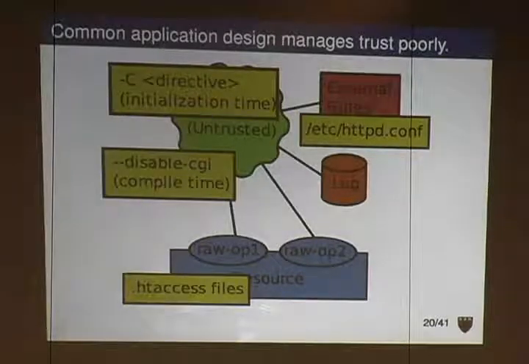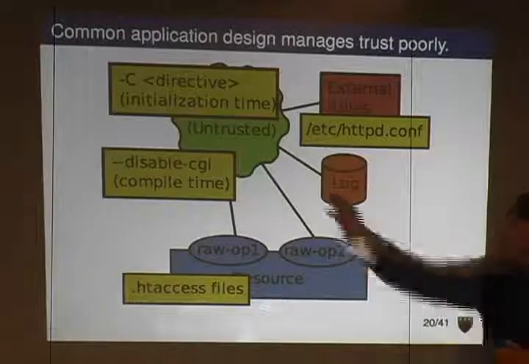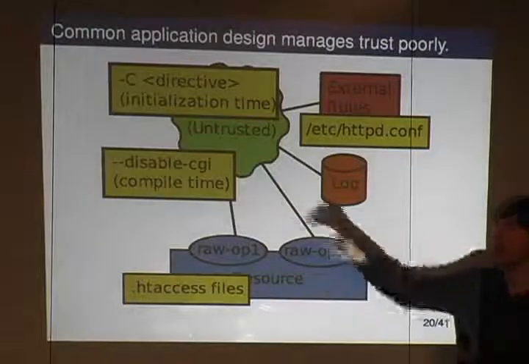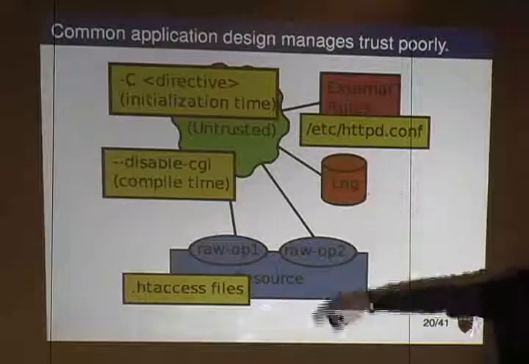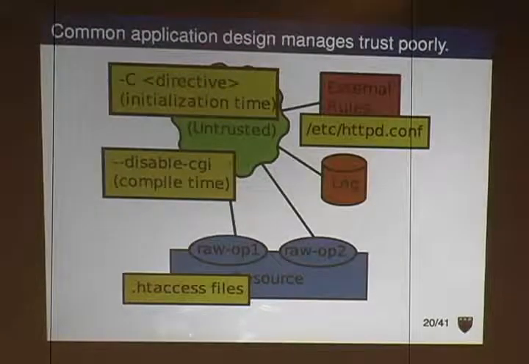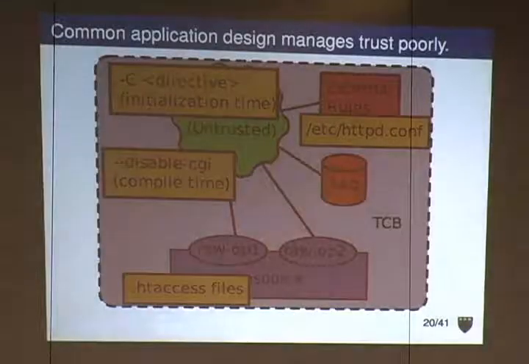If you want to figure out what's going on in the system, you need to understand what compiler flags were passed in at the time Apache was compiled. You need to know about the global configurations, the htaccess files associated with each resource. It's a mess. And then you have to trust that the logging is being done correctly by Apache. If Apache itself is exploited, you have no idea what's being written into this log. So we have a giant trusted computing base. It encompasses the whole system.